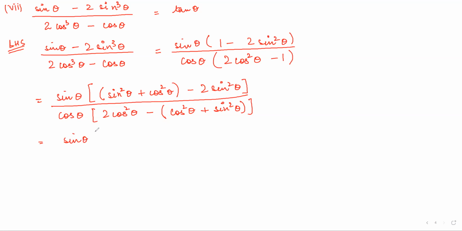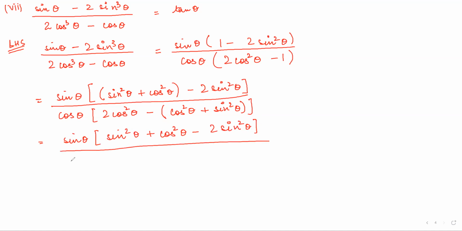So sine theta into sine square theta plus cos square theta minus 2 sine square theta, and then the denominator is cos of theta and 2 cos square theta minus cos square theta, and then plus becomes minus sine square theta, because you have minus outside, so the signs will get changed. Both will become minus.